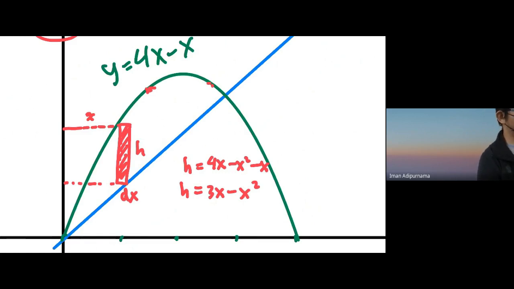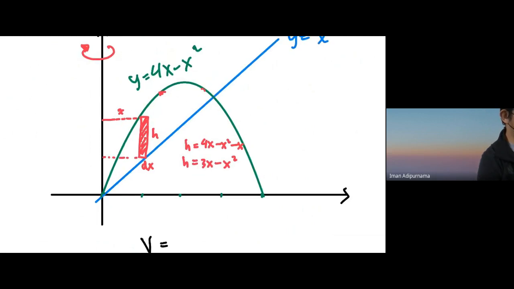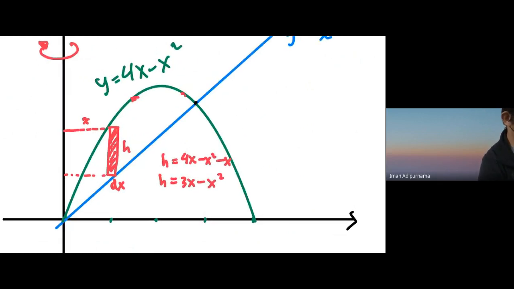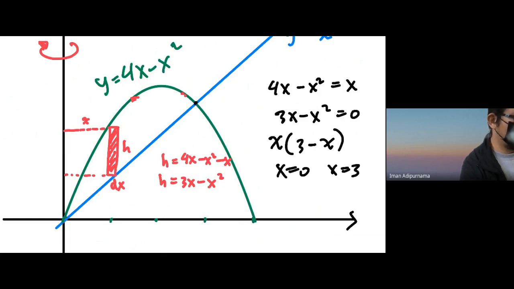And the volume will be, or if you want to find the intersection here, we can make sure that this equal x. Then this will be 3x minus x squared. And we will have at x equal 3.